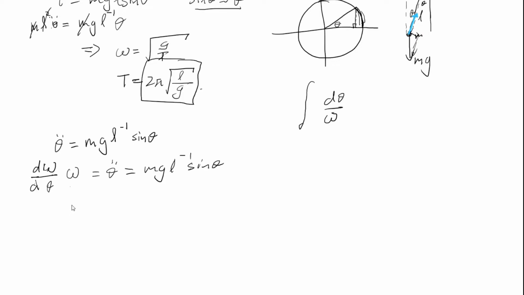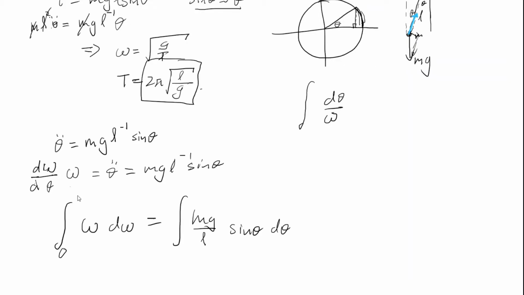So we have the integral of omega d omega is equal to the integral of mg over L sine theta d theta. And one thing we can do is, instead of adding an integration constant, we can make these definite integrals. We're going to start from the top and go to the bottom.